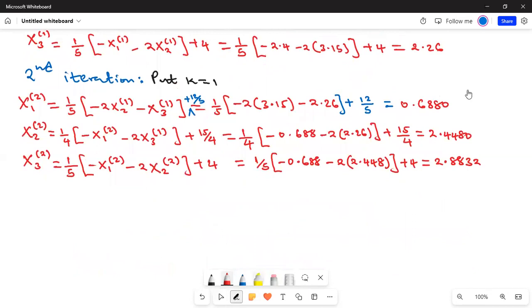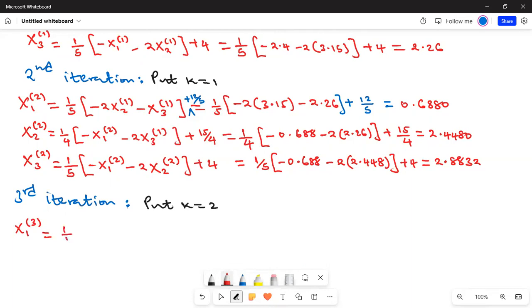Third iteration, here you put k is equals to 2 in the iterative formula, so that the first equation, x1 at level 3, k plus 1, that will be 3.